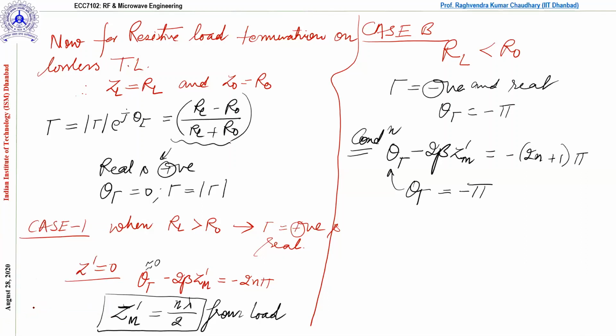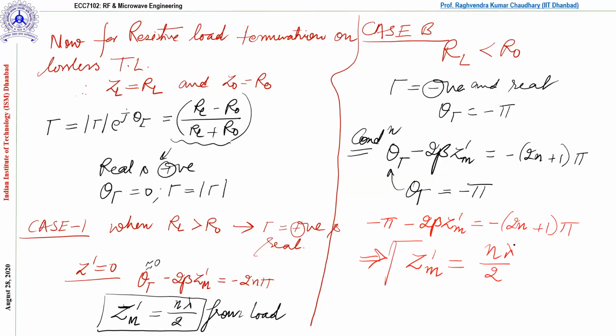Putting in minus pi minus 2 beta Z small m dash equal to minus (2n plus 1) pi and solving, finally you can claim Z small m dash, since we are measuring from the load side, is equal to n lambda by 2.